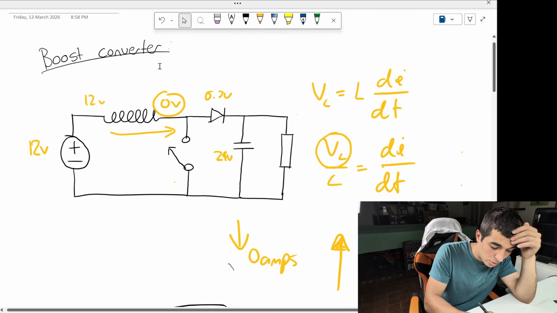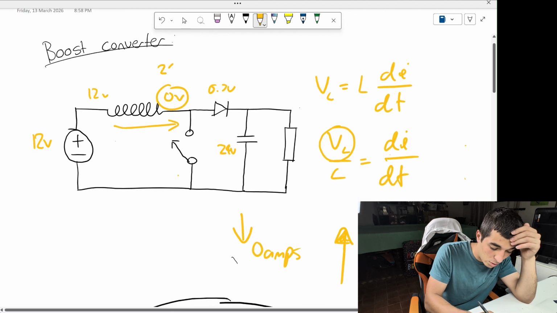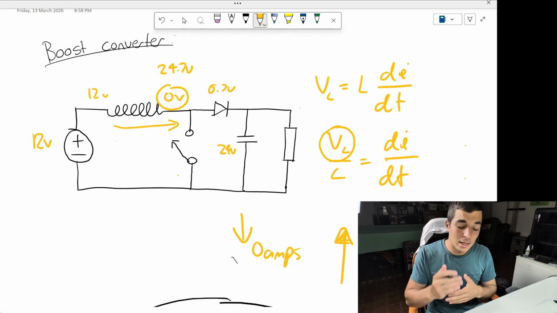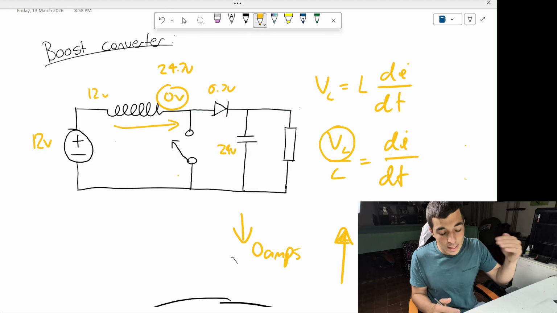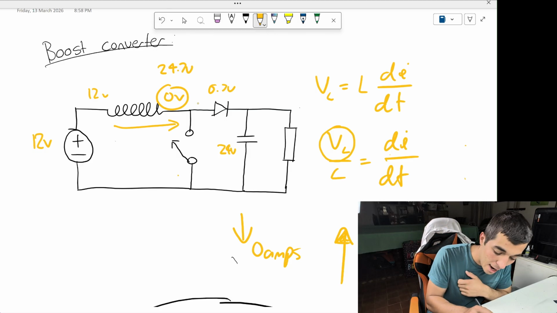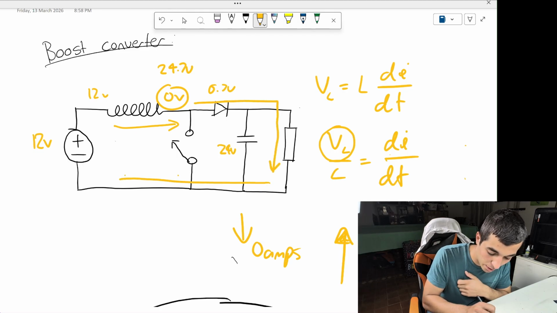So it's going to go to 24.7 volts. That's how much it's going to skyrocket. And then it's like, oh, now we have a path, the diode is going to conduct, and now we can go through.